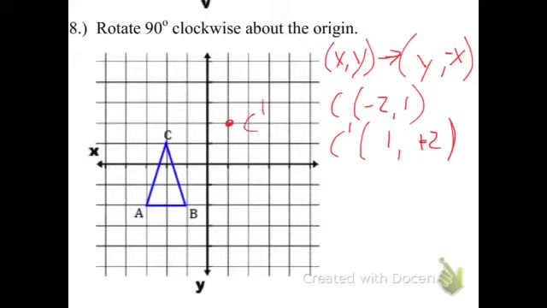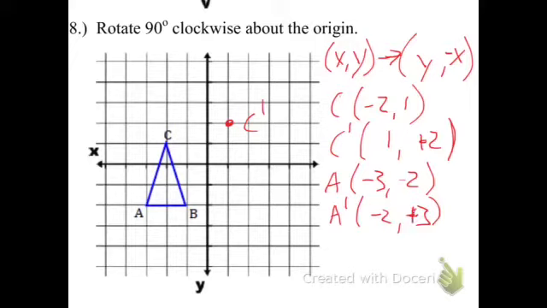There's my C prime. A is sitting at -3, -2. I need to switch the order and switch the sign on the second one. So I'm looking at -2, 3. There's my A prime.